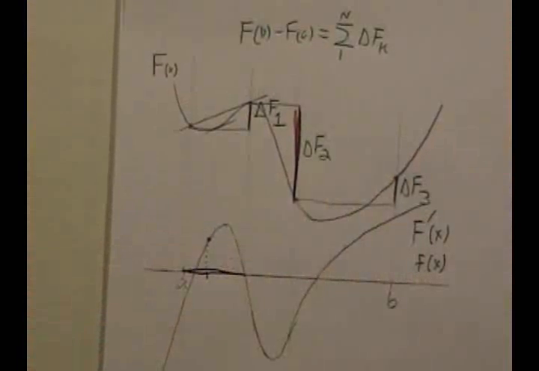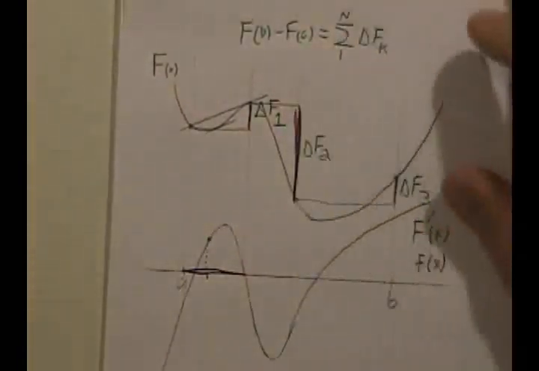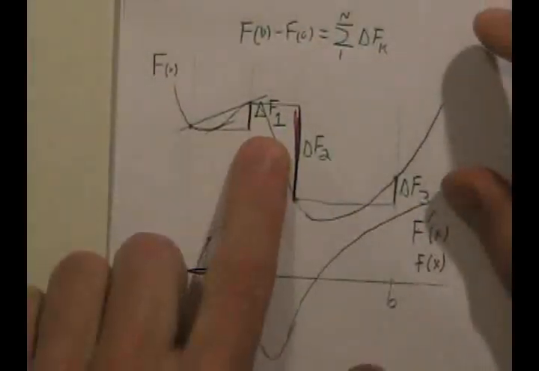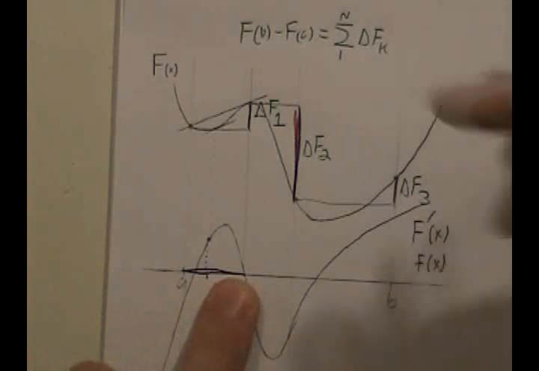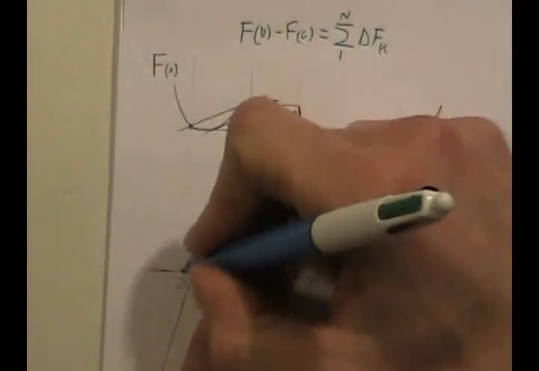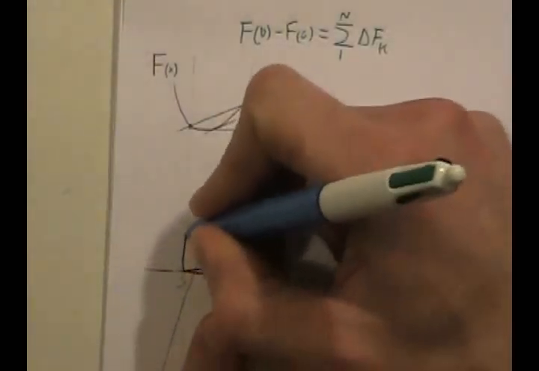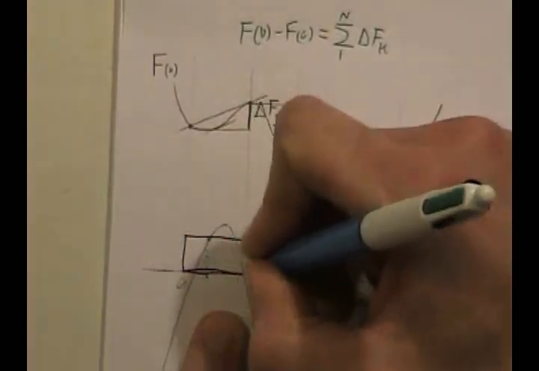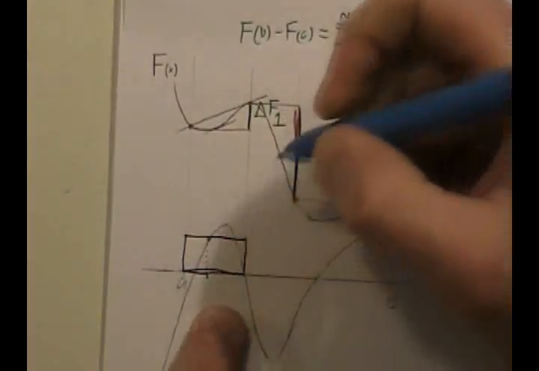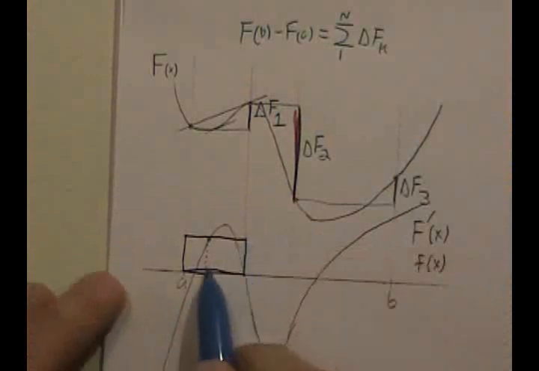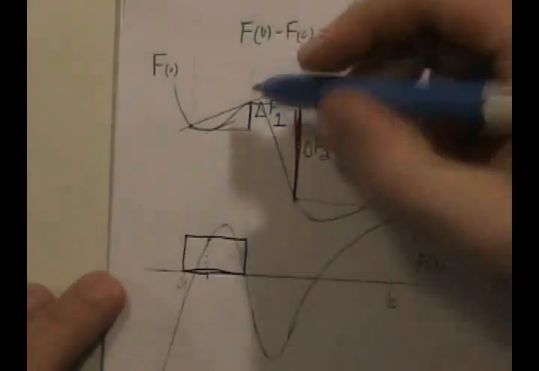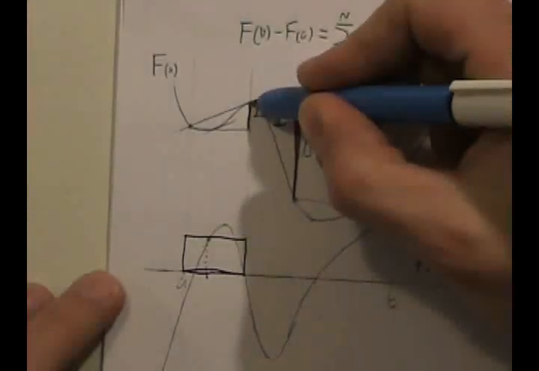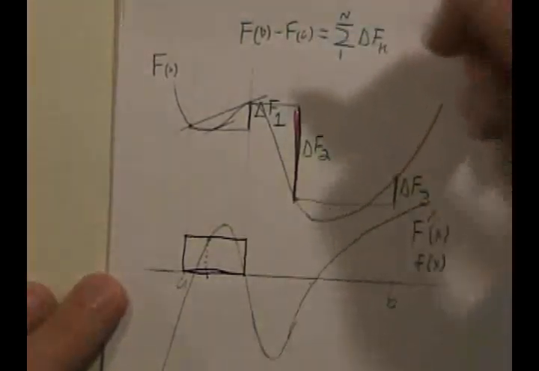So what we're saying is delta F1 can be rewritten as this length here, this blue line, multiplied by this height here, and we could interpret that as the area of such a rectangle. The area of this rectangle, base times height, is equal to the length of this green line here.